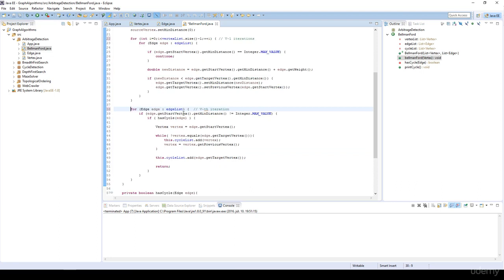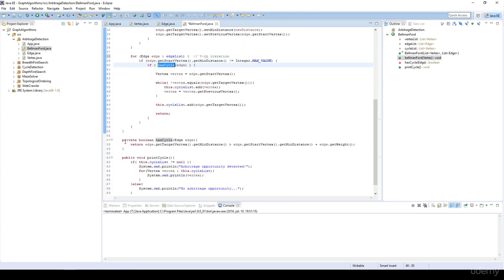And if the edge's start vertex's min distance is not equal to the max value and it has a cycle, what does it mean that it has a cycle? That in this iteration the total cost is going to change. So we come to the conclusion that there's a better solution. And if there's a better solution, it means that there has to be a negative cycle.